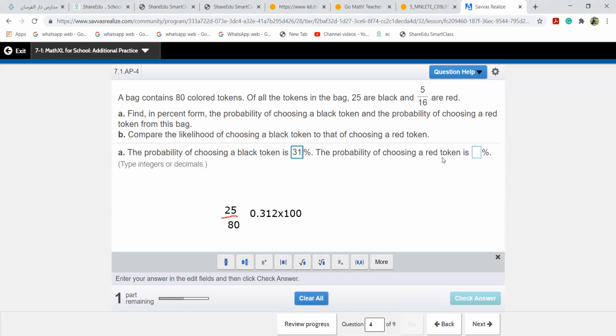The probability of choosing a red token: they gave you already 5/16 are red.